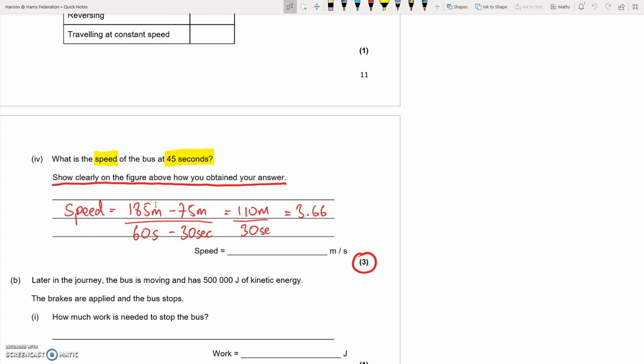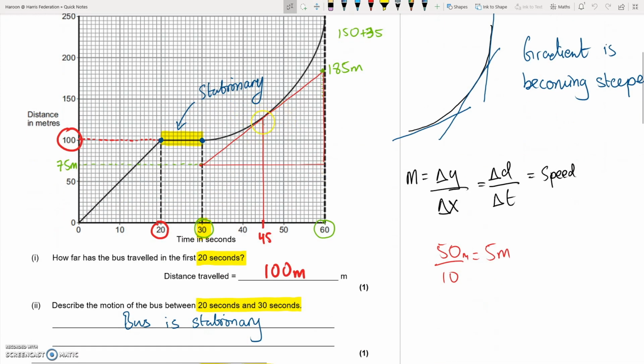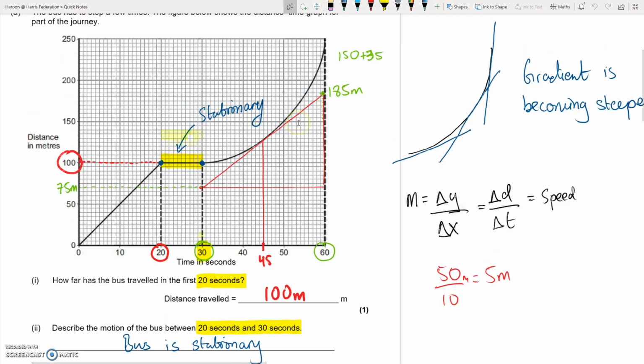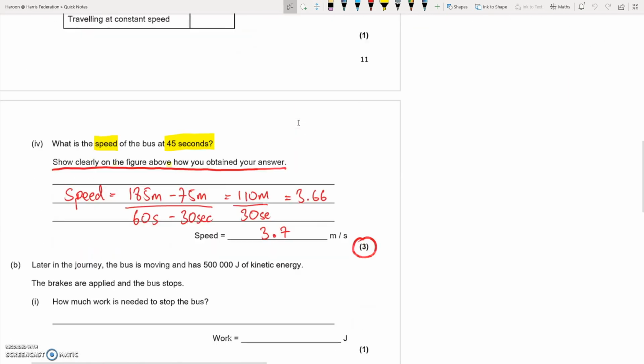Now I can see in the question that all the values that they've given to me are two significant figures, so I will leave this as 3.7 meters per second. Now, not everyone will draw their tangent exactly like mine. So you will have variation between answers, and so in the mark scheme, anything between 3.2 and 4.2 meters per second is a valid answer.